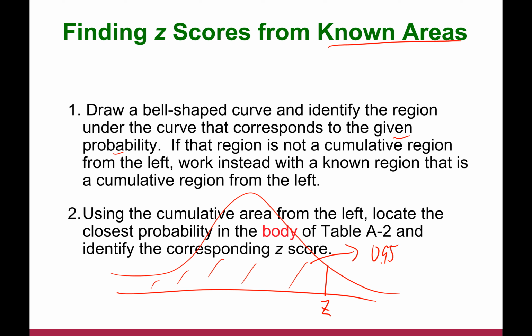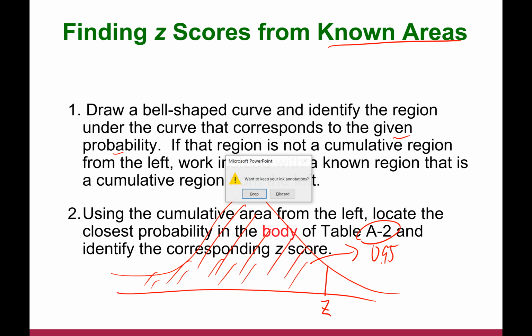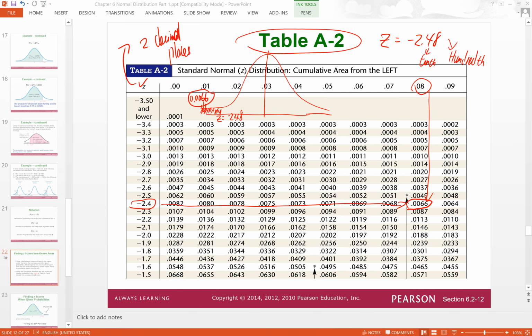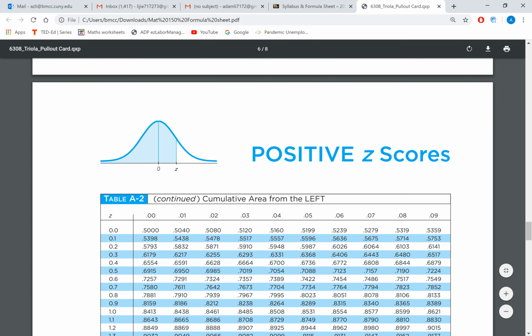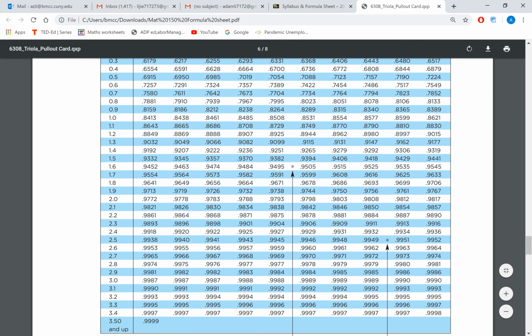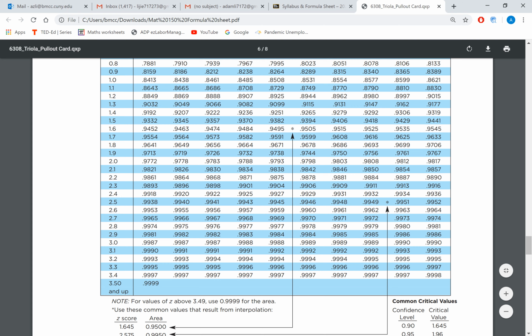and use the cumulative area from the left, locate the closest probability in the body of table A2. And then identify the corresponding z-score. So for example, if the area to the left here turned out to be 0.95, you go back to the second page of table A2, go to the center of the table, and look for 0.9500.